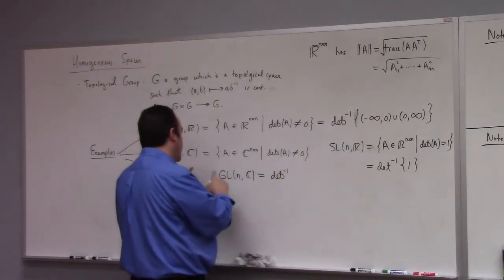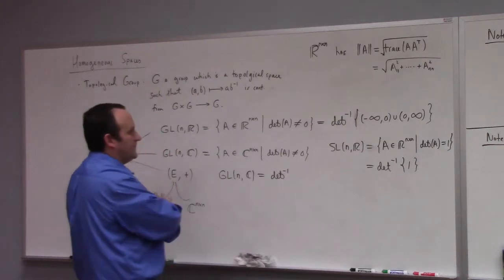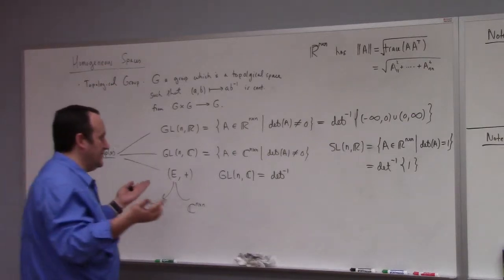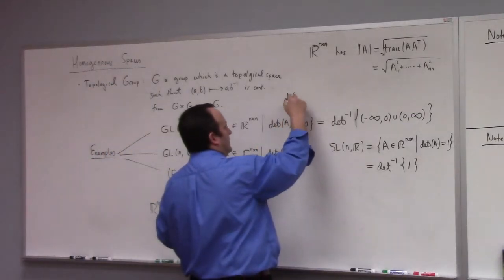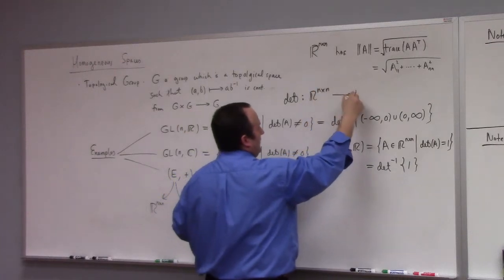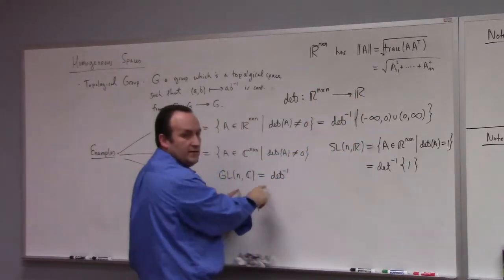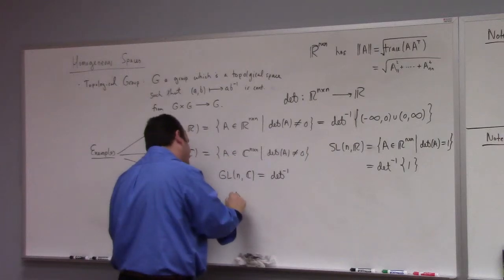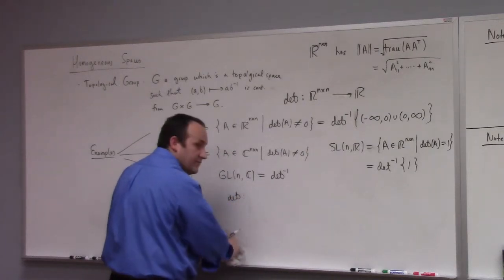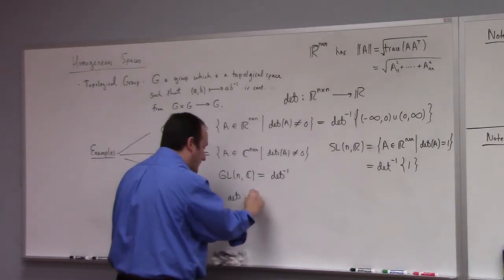So the determinant, I'm using determinant for both, but these are really different functions, right? Determinant is an overloaded notation. On the one hand, we're talking about determinant mapping from Rn by n to R, right? But here, we're talking about determinant from Cn by n to where? What's the determinant of a complex n by n matrix?